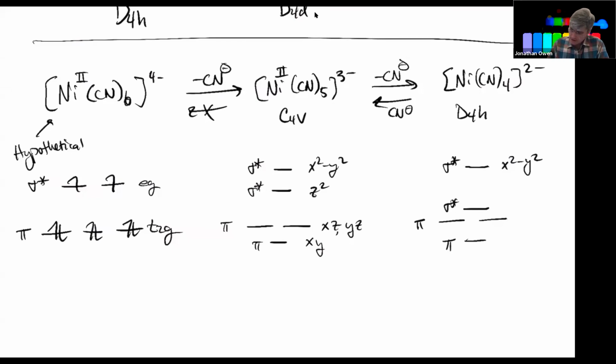And the XZ and the YZ, those guys are all still pi bonding. Now the XY is really pi bonding because it's got 4 cyanides with which to make pi bonds. The XZ and the YZ used to have 4, but now they only have 2. Okay.